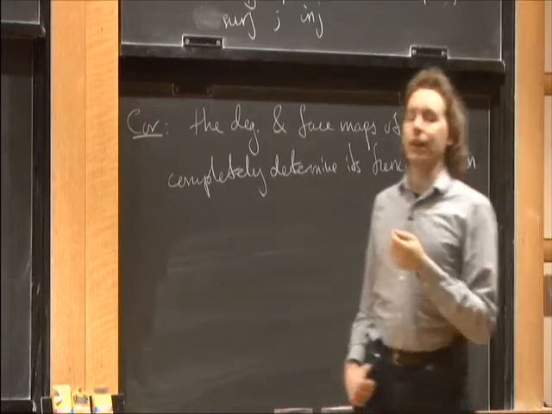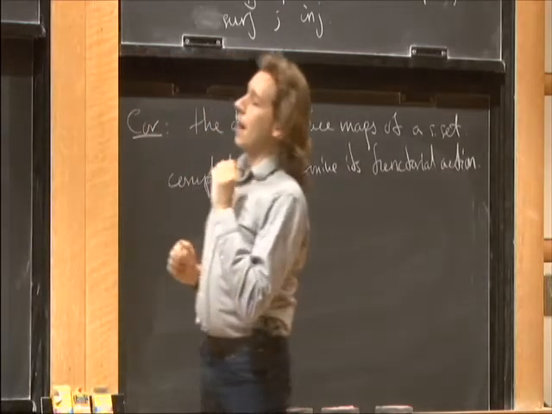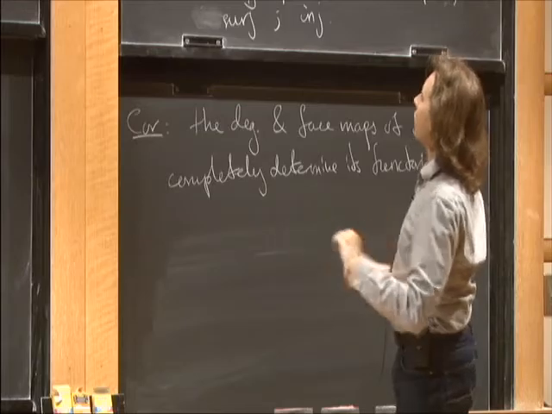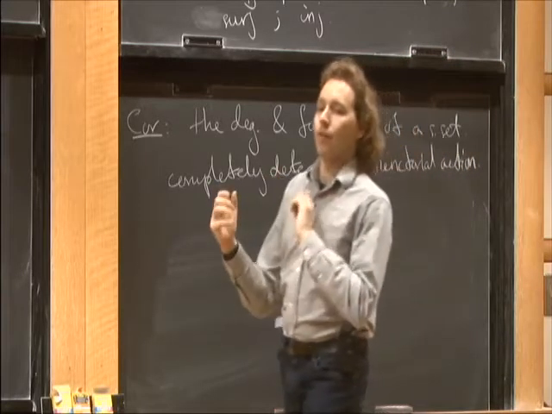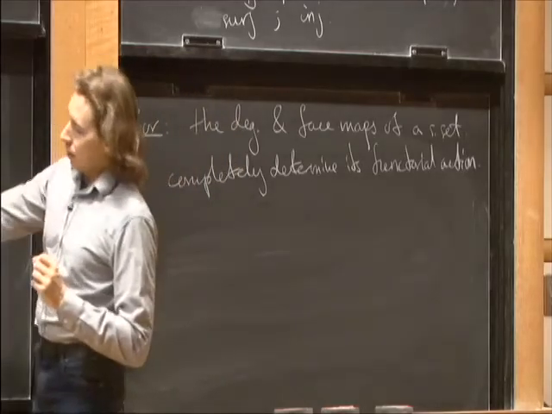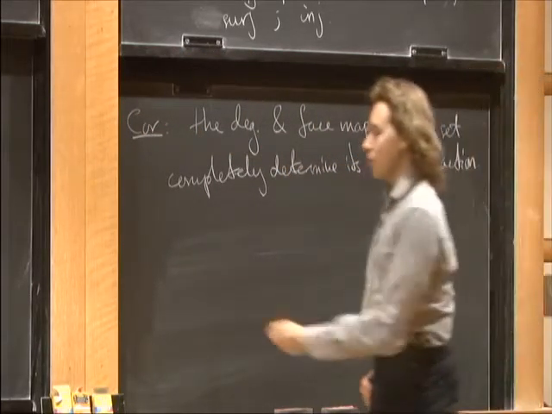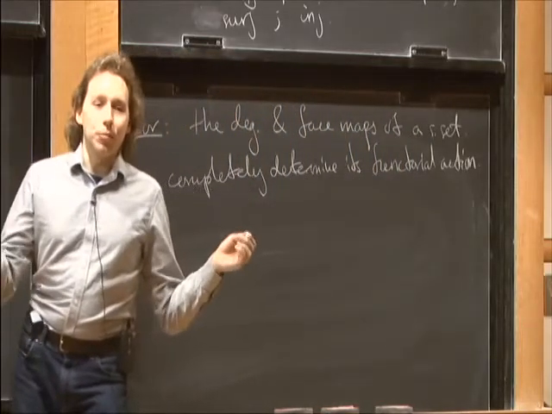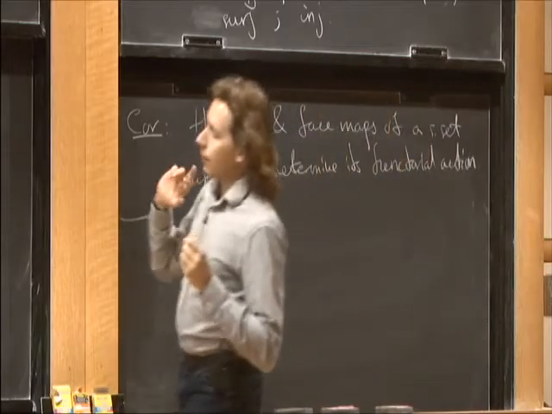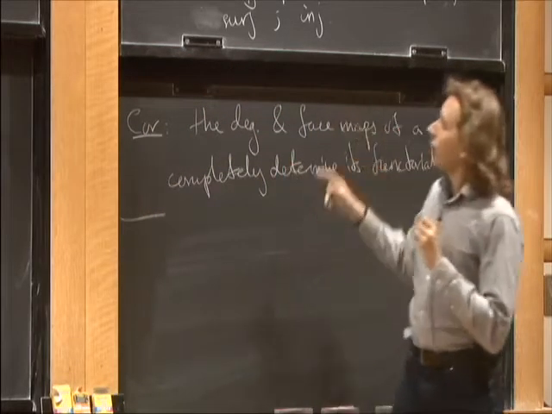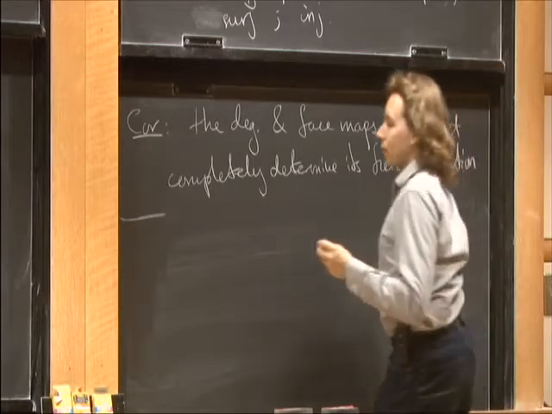So just as we only needed to know this single sequence of sets X_n, we now, if we know those plus its face and degeneracy maps, then we can completely recover the full simplicial set as a large functor. So that's a simplicial set. And what's a semi-simplicial set? It's exactly the same, only it doesn't have the surjections in the domain category. And so under this correspondence, that's exactly saying that it doesn't have the degeneracy maps.